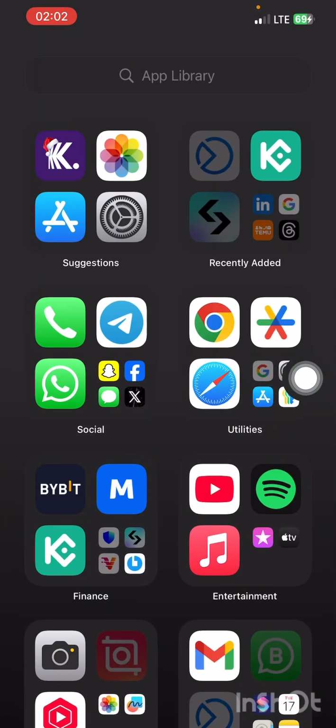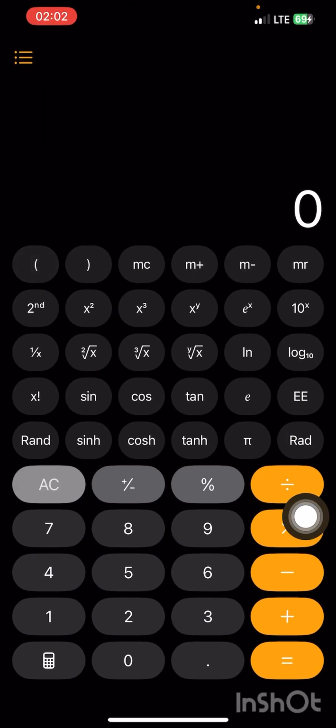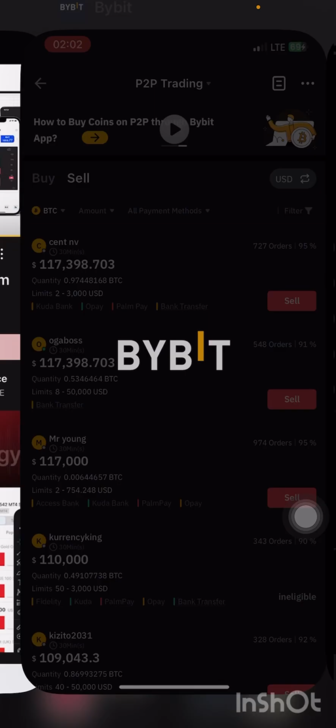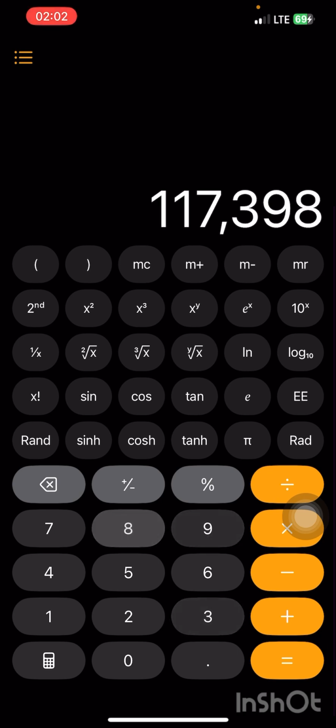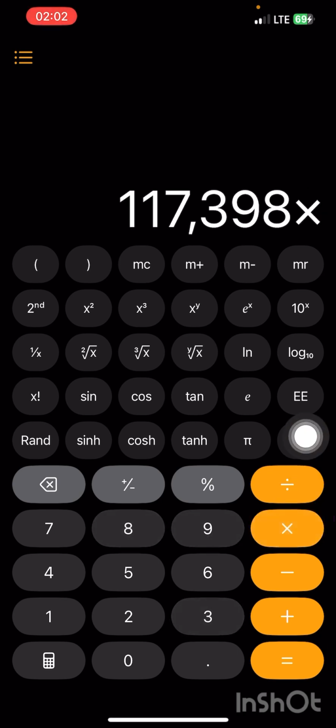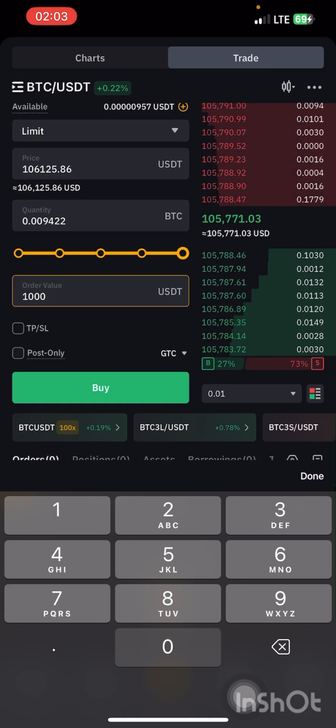So you select your calculator and put 117,398 times 0.094227. All right guys, the capital I used here is $10,000.